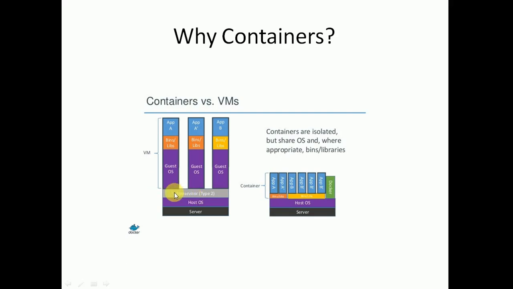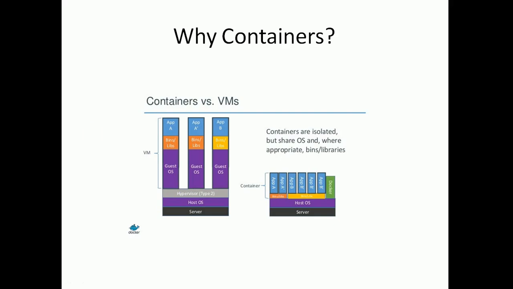This hypervisor is an intermediary between the host OS and the guest OS. Whatever instructions an application gives to the guest OS, the guest OS transfers to the host OS, and the hypervisor translates these instructions into language the host OS understands.